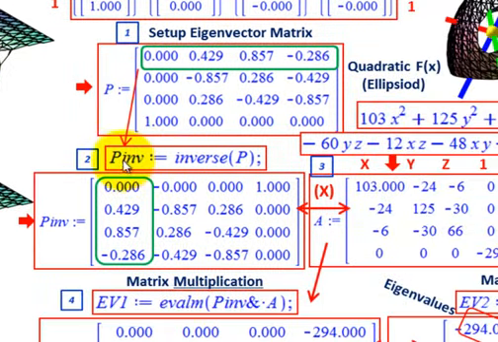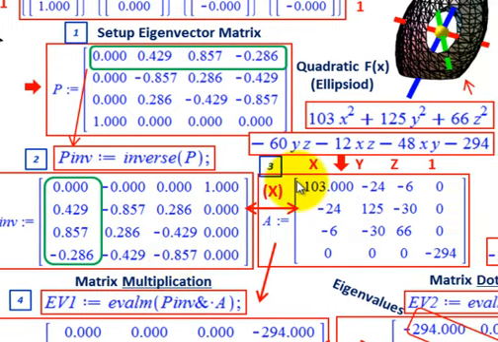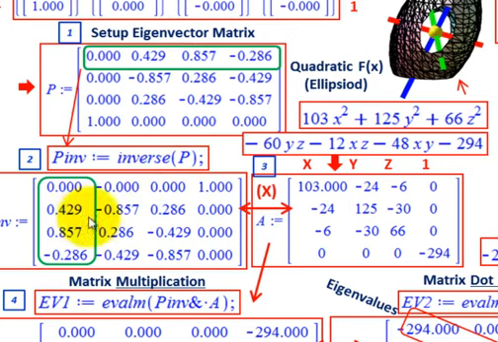We take our inverted matrix, our P inverse, where each of the rows of the eigenvector matrix become the columns. Now the next thing we have to do is some matrix multiplication. We take this inverted matrix, our eigenvectors in inverse form, and multiply it times that original matrix that we set up for our quadratic function with those cross terms.